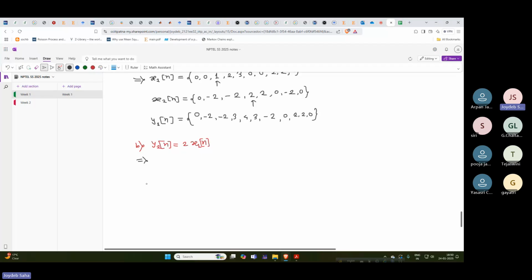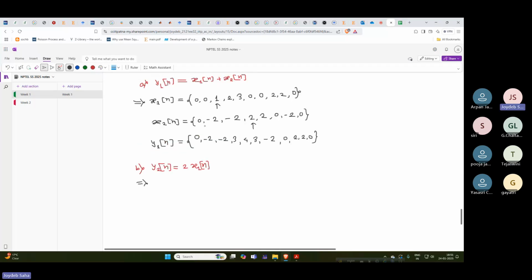Again, index-wise we will multiply. So y2[n] will be 0, 0.